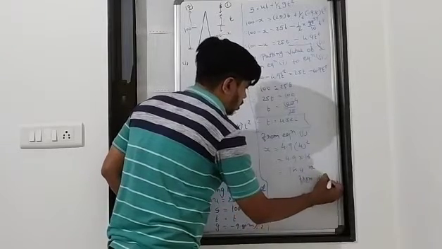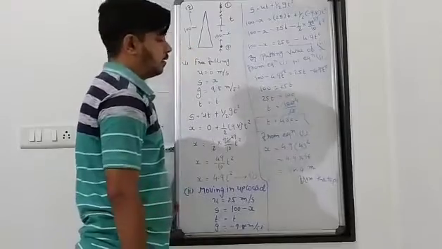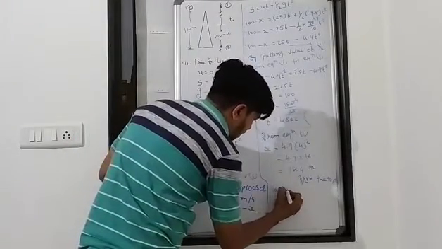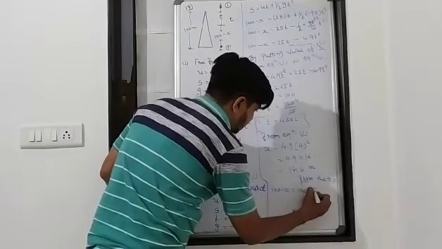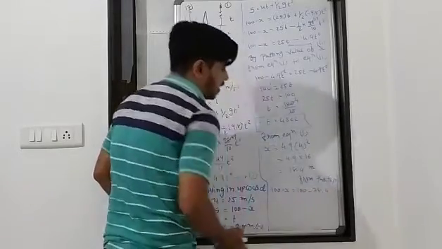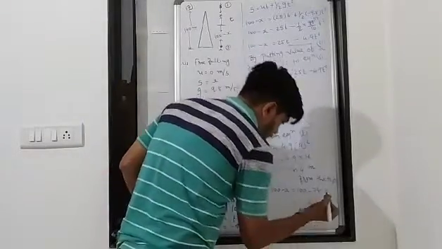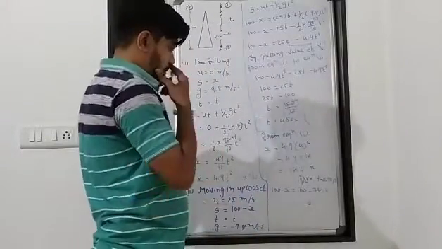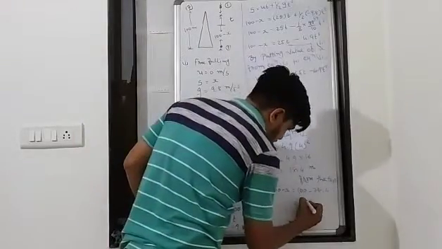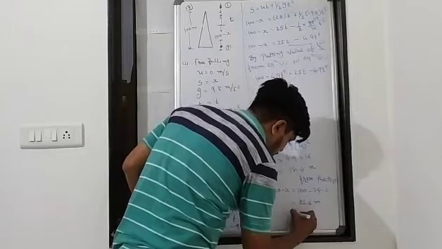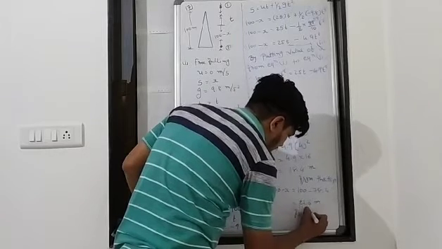If they ask you for the ground, then you have to find 100 minus x. 100 minus 78.4. What will be the answer? It's 21.6 meter from the ground.